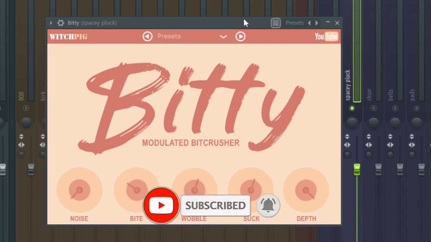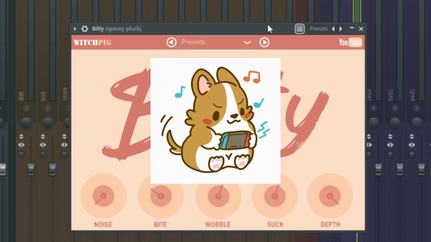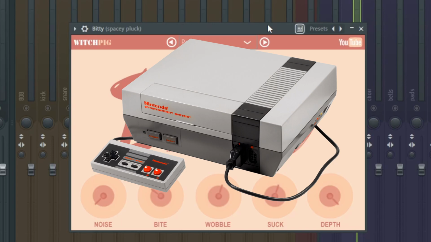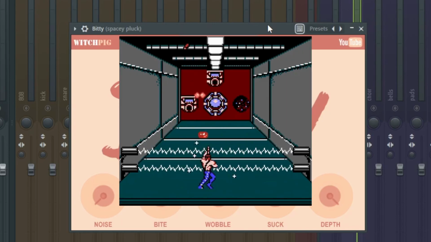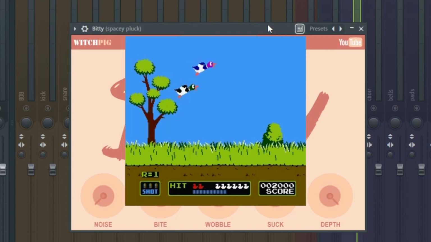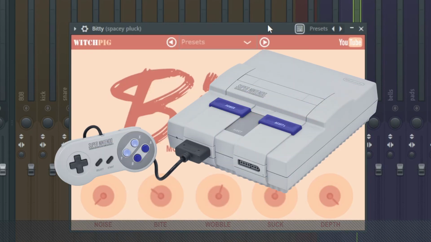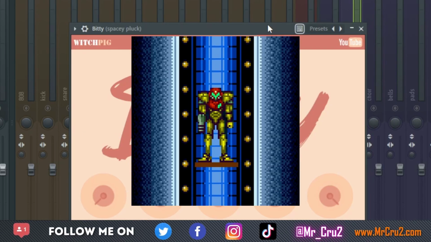If you don't know what a bit crusher does or what bits mean, I try to think of it like video games. If you remember what music in video games sounded like on the original Nintendo, right? How it was very computerized and whatnot. That was essentially 8-bit. So the music could only go as high in quality as 8 bits. Then they moved over to Super Nintendo, and you got a little bit better sounding music.